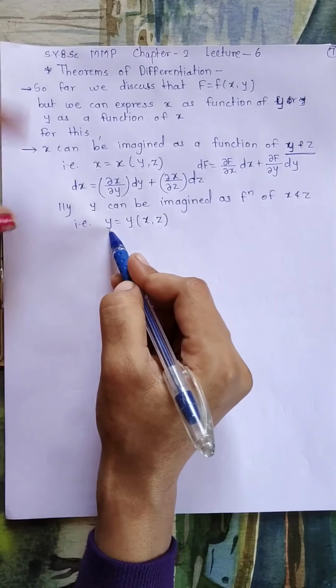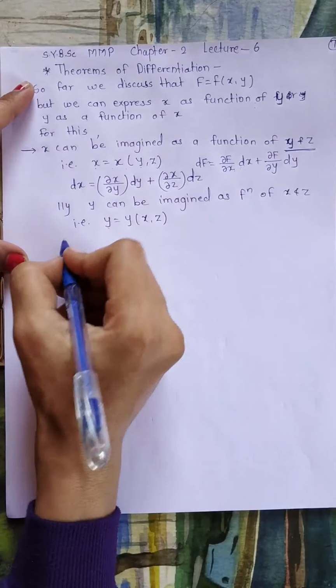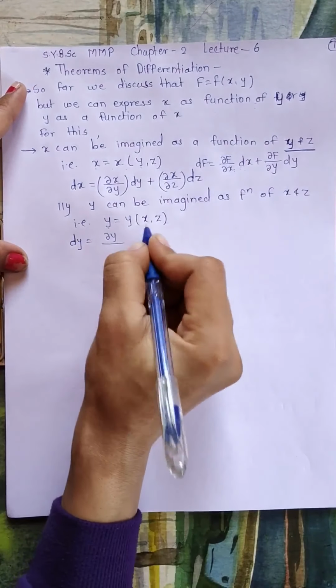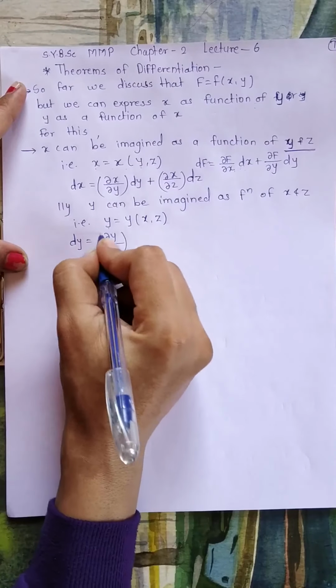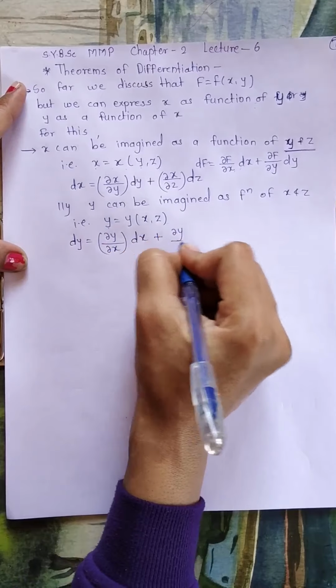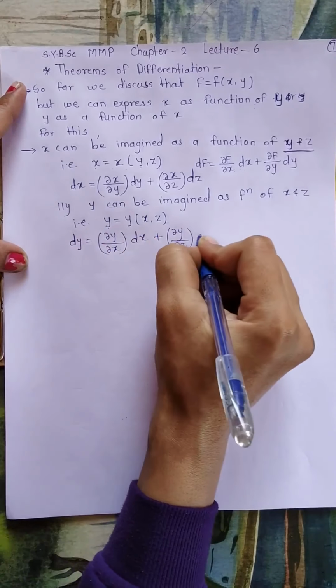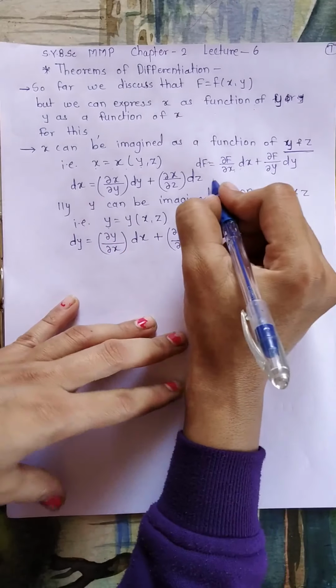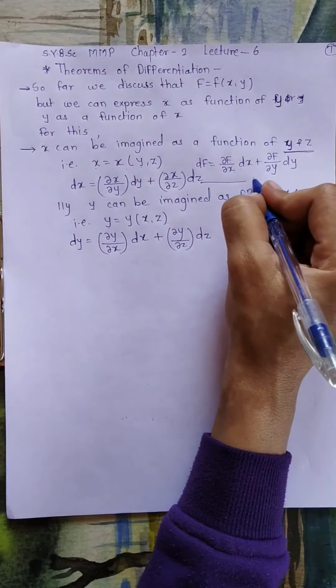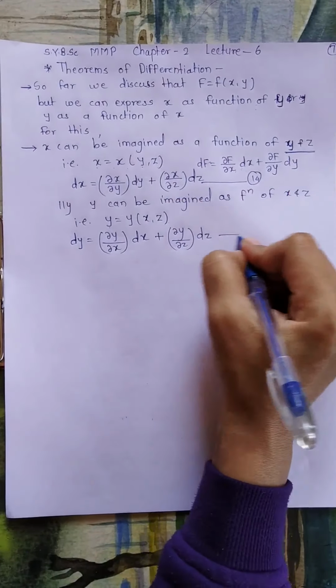For this y, again I can find the total differentiation: dy equals dou y upon dou x dx plus dou y upon dou z dz. Let's call this equation number 14 and this equation number 15.